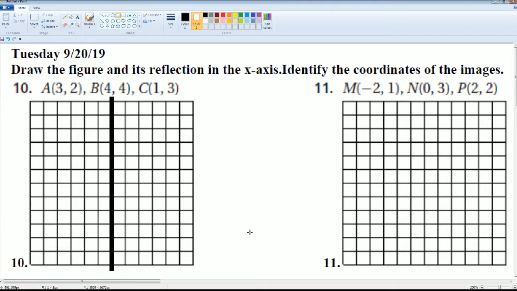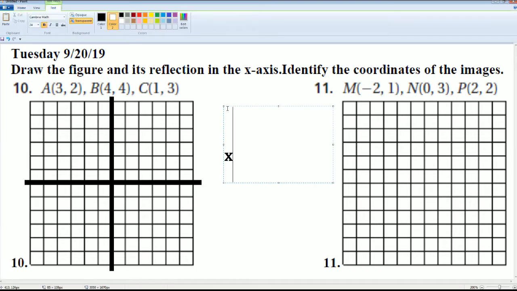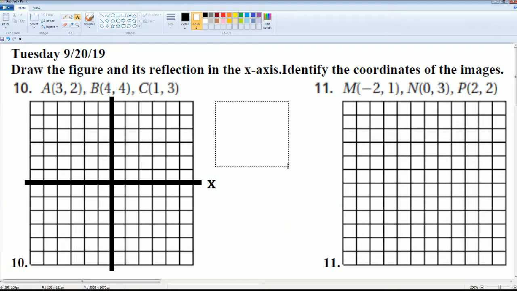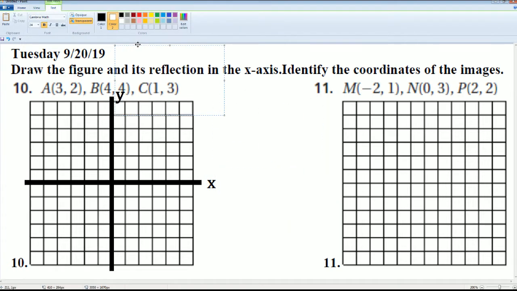That's for your x. 1, 2, 3, 4, 5, 6. The other one would go down right there. It's up to you however you want to do it. Let's call the first one x, because this is your x-axis. And the next one, we're going to call that y, because that is going to be your y-axis.